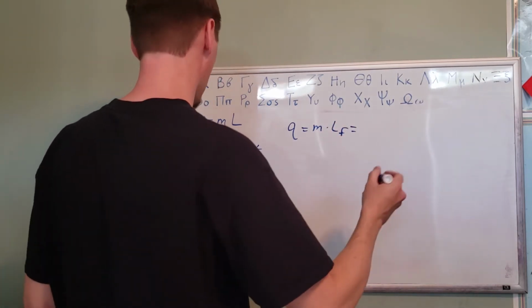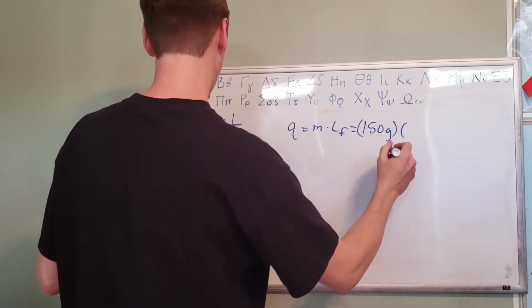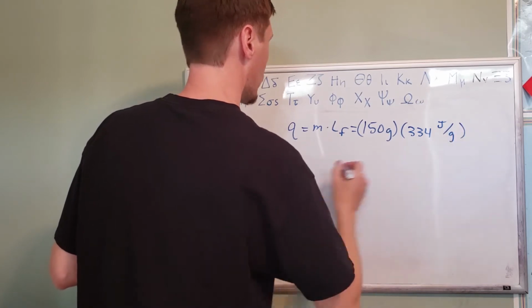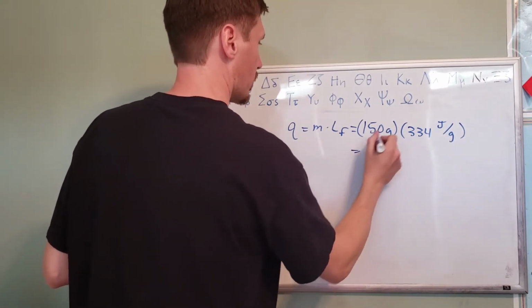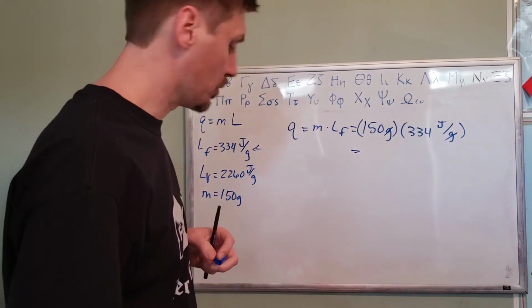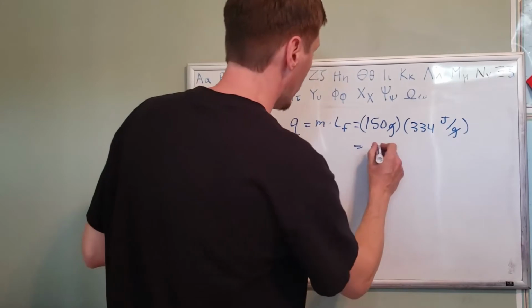And so we just plug the numbers in, 150 grams times LF in this case is 334 joules per gram. And of course, grams are going to cancel out to give us a final unit of joules. And that amount is going to be 50,100.